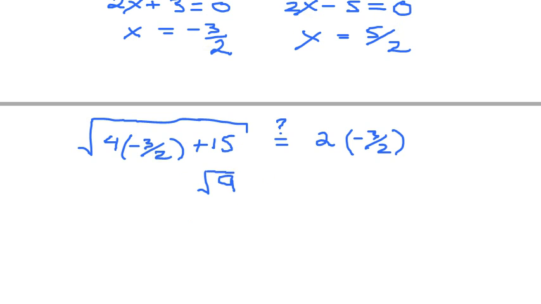Square root of 9 is 3. Well, that is definitely not equal to negative 6. It was just off by a sign, wasn't it? Well, anyway, those aren't equal, so that's not going to be a solution.